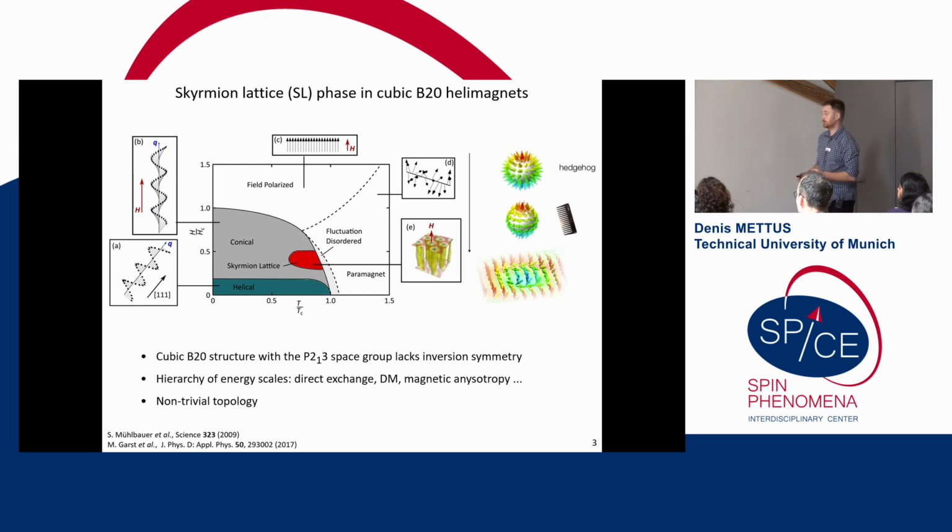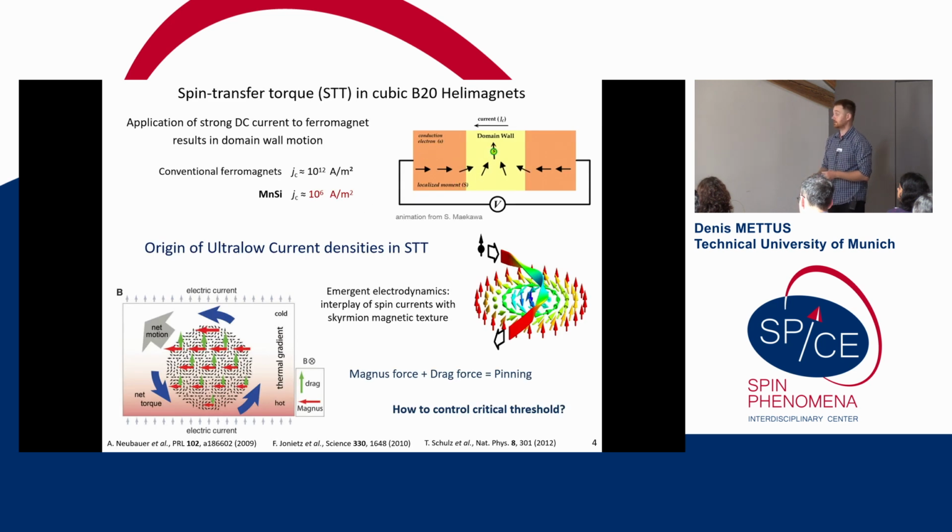So, of course, skyrmions have nontrivial topology, and this opens the door to many interesting effects. And we are interested in the spin transfer torque in skyrmions. Conventionally, in ferromagnetic materials, the spin transfer torque is defined when you push a lot of current through the ferromagnetic material. As you see, electrons are trying to adapt when passing from one domain to another domain.